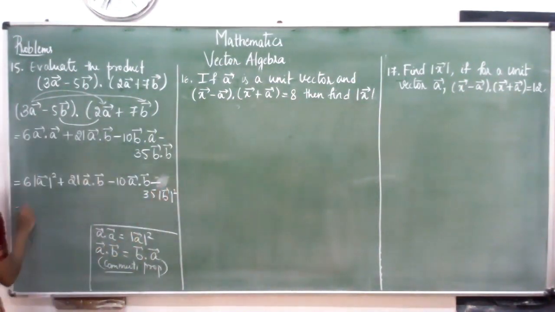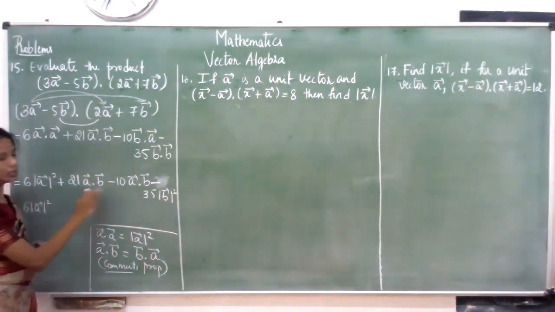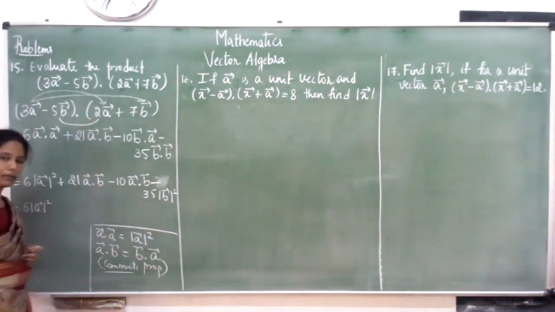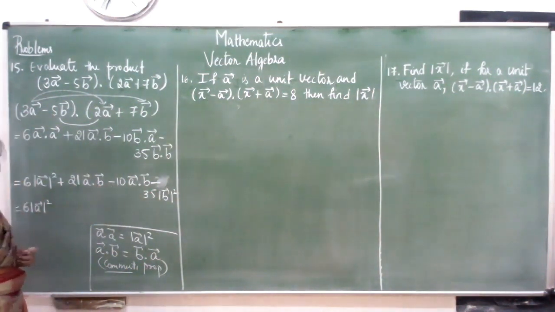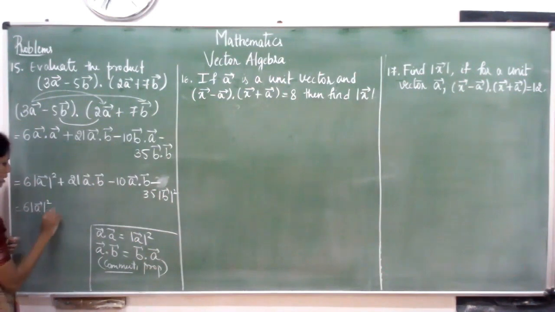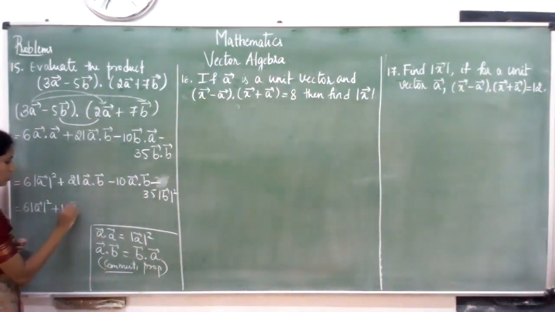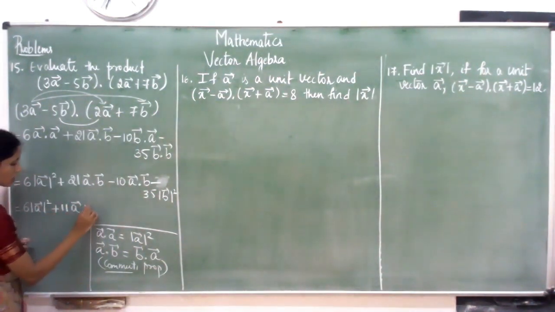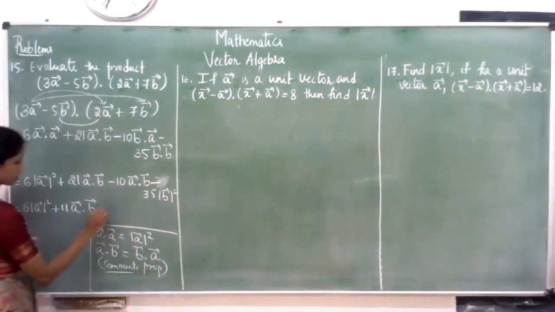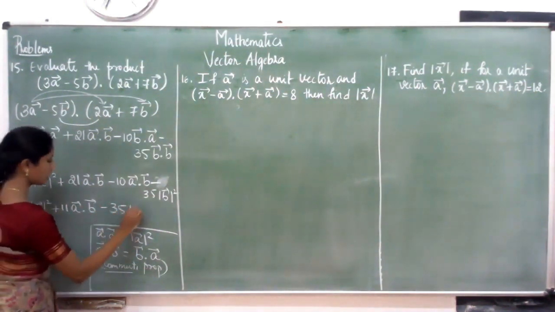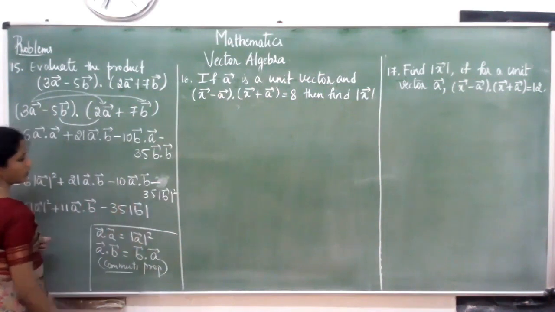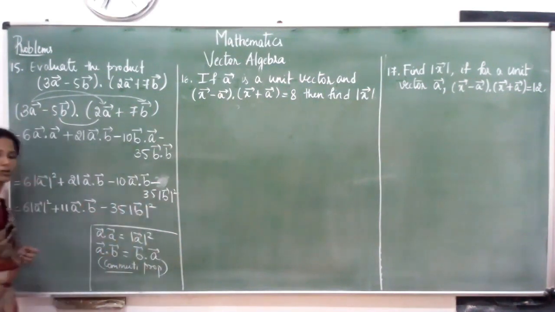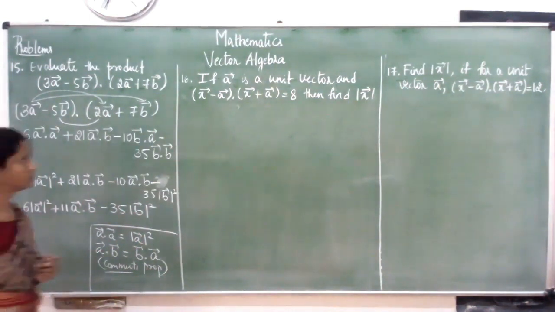So this is equal to 6 times magnitude of vector A the whole square plus 21 vector A dot vector B, minus 10 vector A dot vector B. It is nothing but plus 11 vector A dot vector B. Then minus 35 magnitude of vector B the whole square. This is the product for the given vectors.